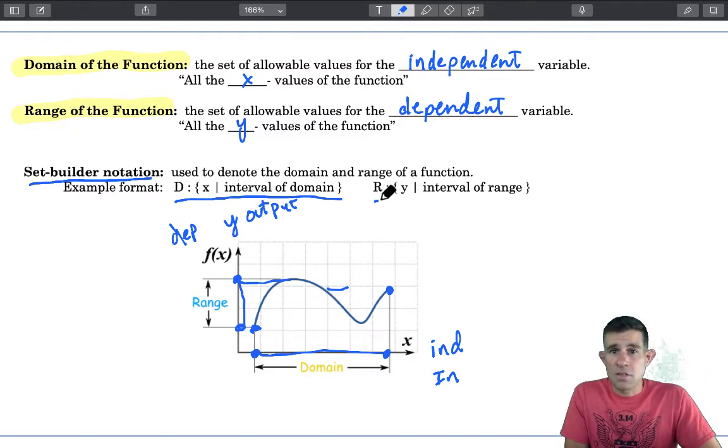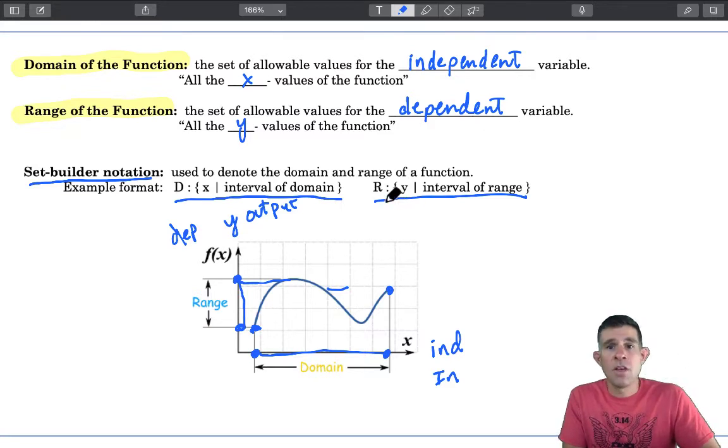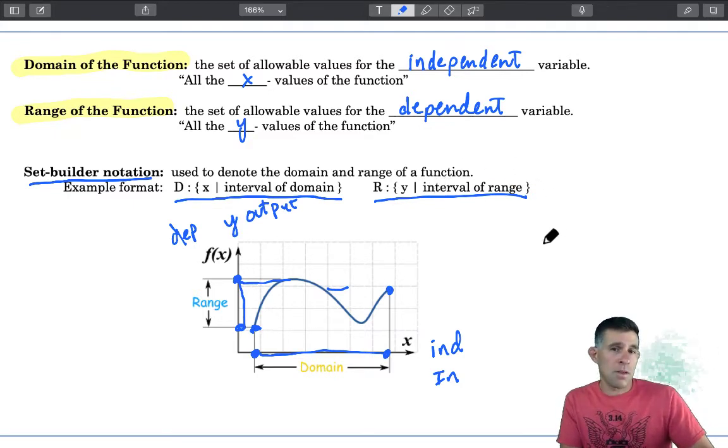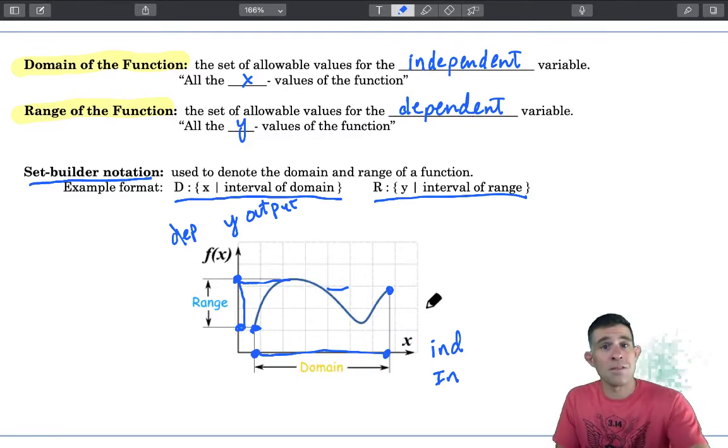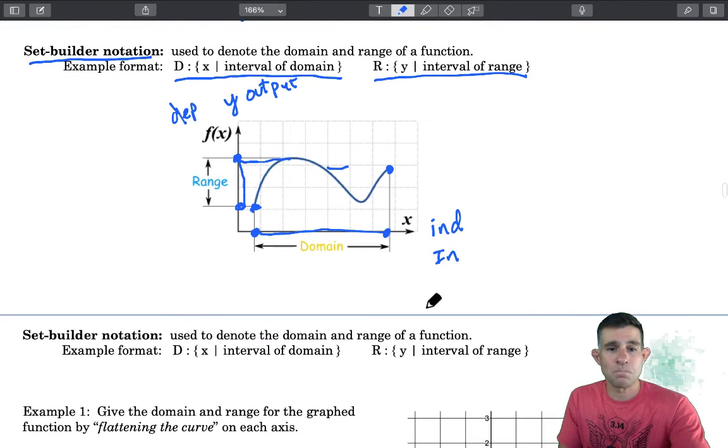The range is very similar. You have R with a colon, R for range, and then an open brace, y, with a vertical slash, then the interval of that range, and then a closed brace. That's known as set builder notation. We'll get some practice with that here in just a few minutes.